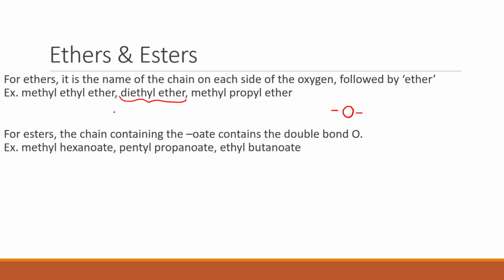It's ethyl twice. So when I want to draw this thing out, it's a 2-carbon branch and another 2-carbon branch to go on either side of the O, which is going to give me a molecule that looks like this. And this would be diethyl ether, or if they say ethyl ether, there's no difference between the two here.